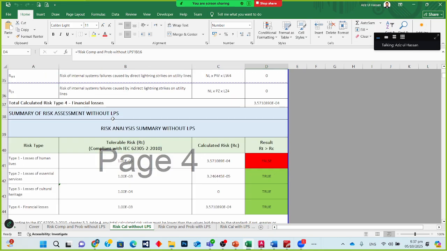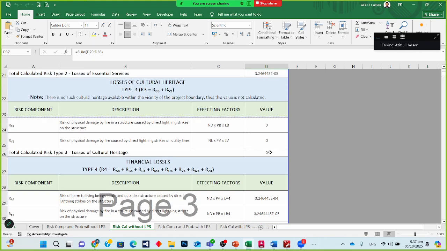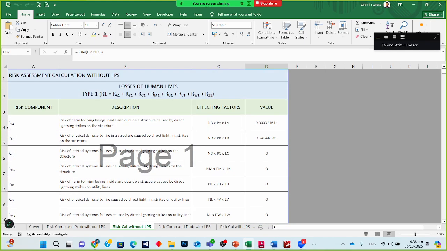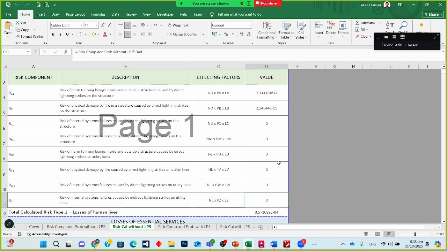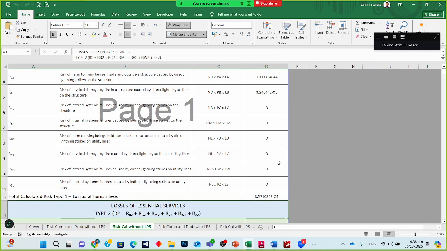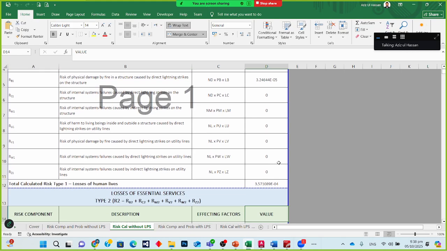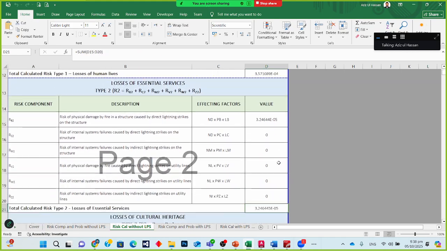When we calculate all these risks, you can see that RA is this value, RB is this value. Some risk components are not present in the area where I'm doing these calculations, so I put the zero value. I have summed up all these values. Then I go into the R2 value, calculate all these values, and finalize risk two.